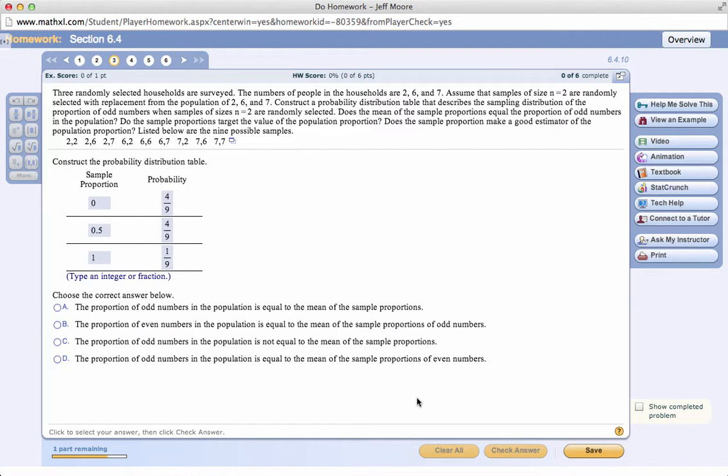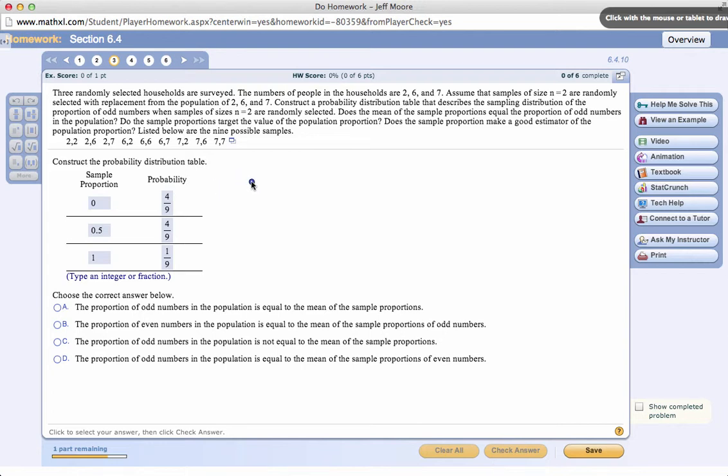Now to continue through the problem, the next question is to choose the correct answer below. The proportion of odd numbers in the population is equal to the mean of the sample proportions. Okay, well, in order to find the mean of the sample proportions, we're going to have to multiply each of the values in the probability distribution by their respective probabilities and then add all that up.